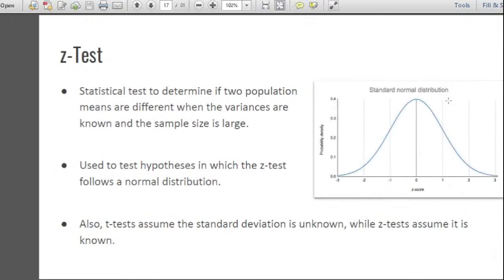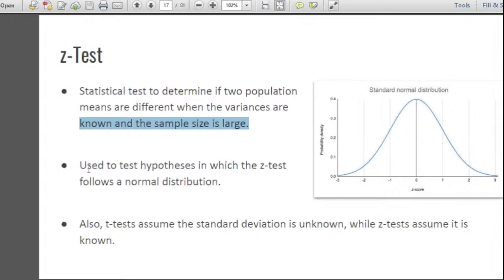Now coming to Z-test. It is a statistical test to determine if two population means are different when the variances are known and the sample size is large. A sample size greater than 30 is considered to be a large sample size. So when the sample size is large and the variance is known, meaning population standard deviation is known, we will use Z-test.